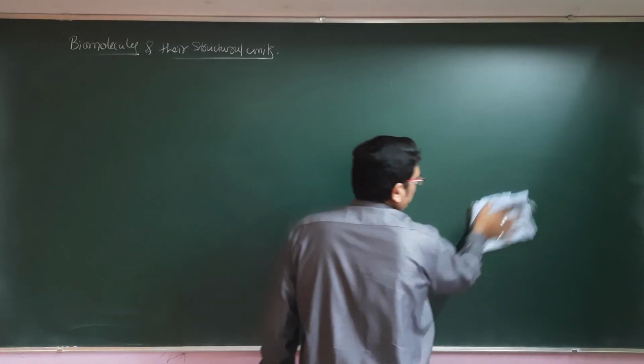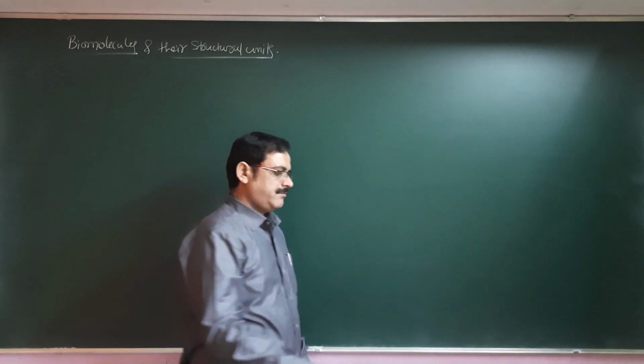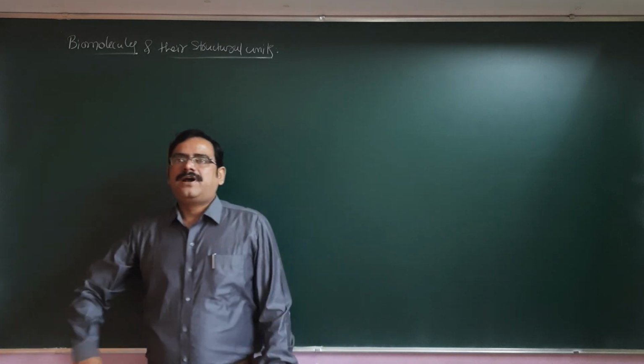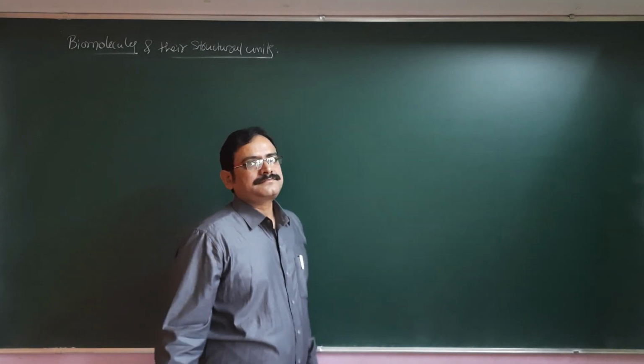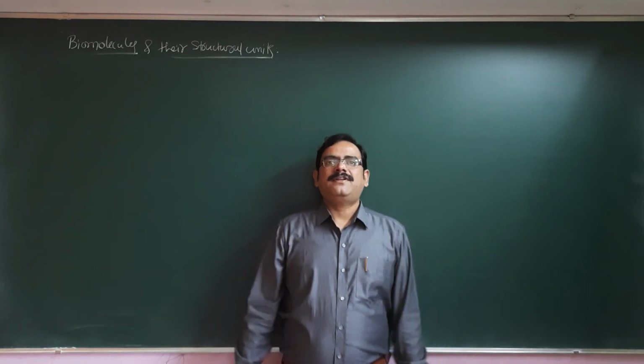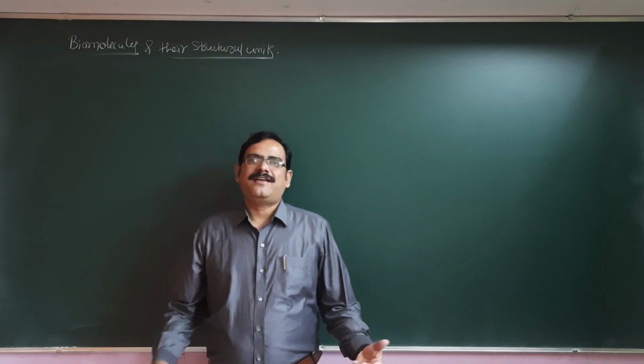So sugar molecules are not restricted only to carbohydrates. Sugars are also present in DNA as well as RNA. In DNA, it is deoxyribose sugar. In RNA, it is ribose sugar.